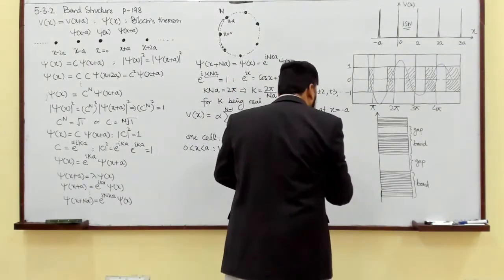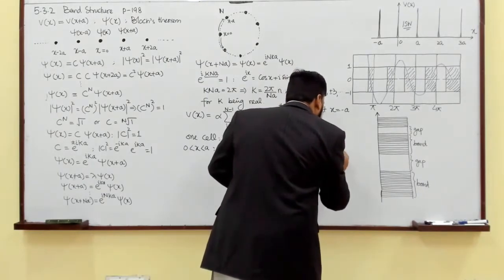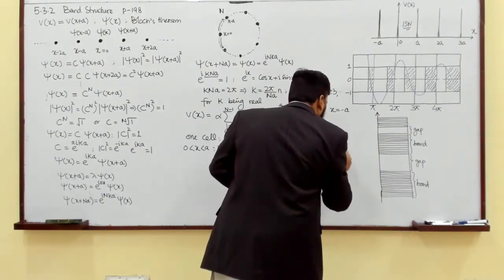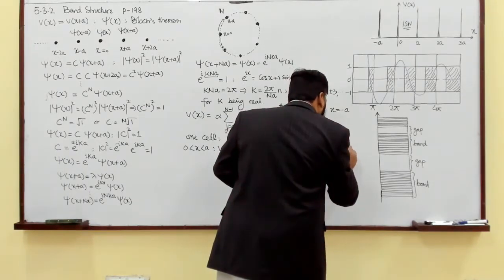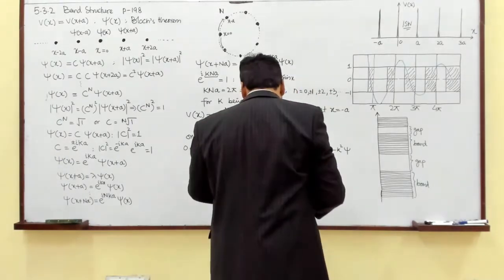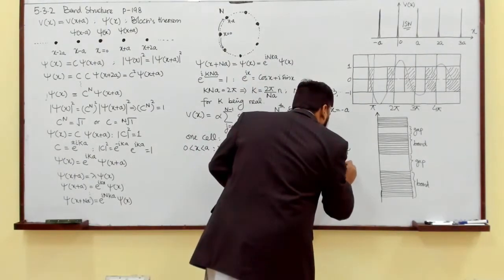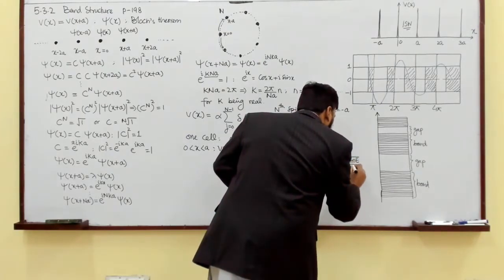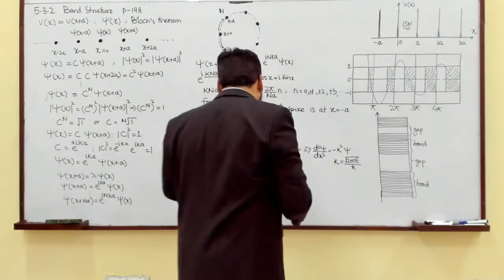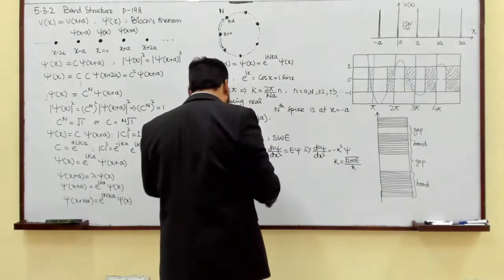Let me write it a little differently than that one. Now this k is equal, as usual, to square root of 2mE over h bar, and this k is positive. The minus we have taken out.